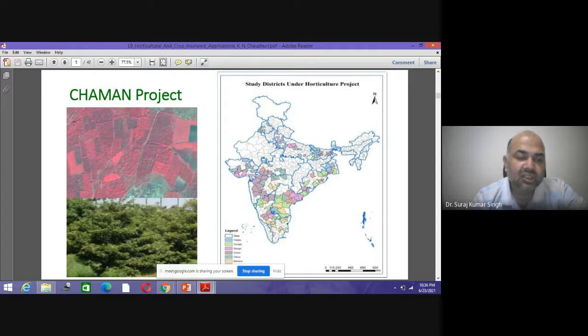All such phenological analysis of multi-temporal satellite data provides you real information about the growth, the acreage, the yield, the plantation. So without going into the field, we can directly map the entire area: how much area has been planted, what the condition is, whether there is any disease infection or not.